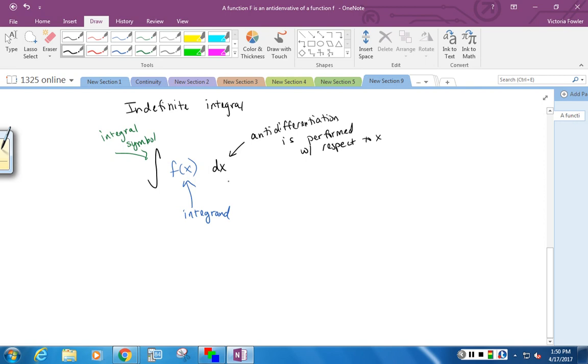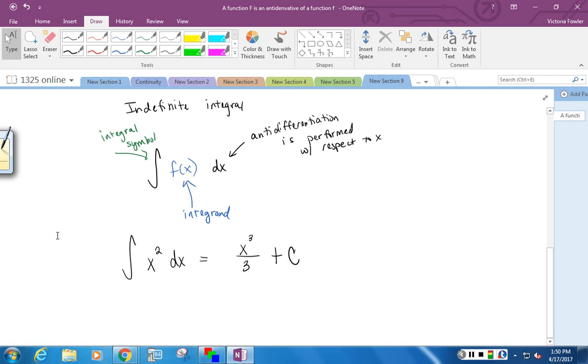This represents the family of all antiderivatives, and so using that last example, let's put things into play here. I've got the integral of x squared dx. This tells me that I'm finding the antiderivative of x squared with respect to x, and I now know that the answer is going to be x cubed over 3, and I would put a plus c.